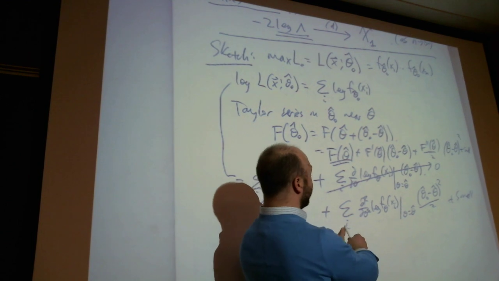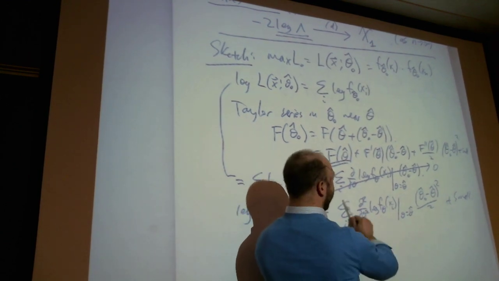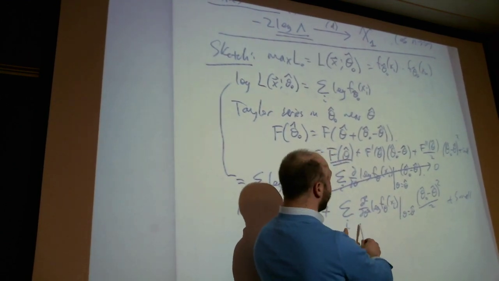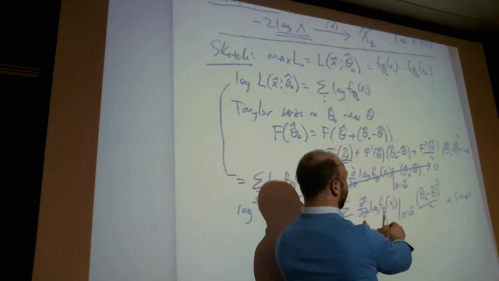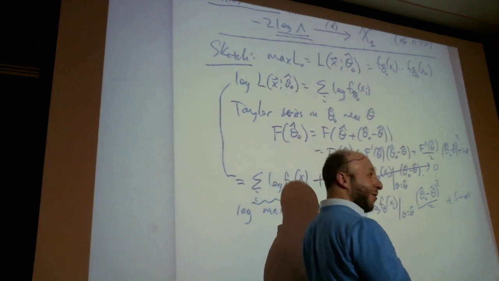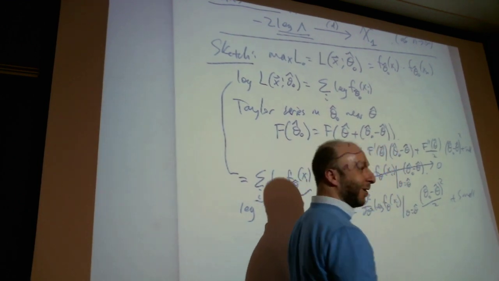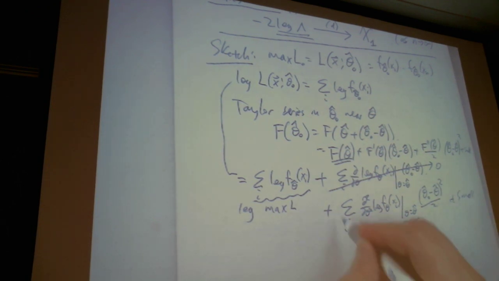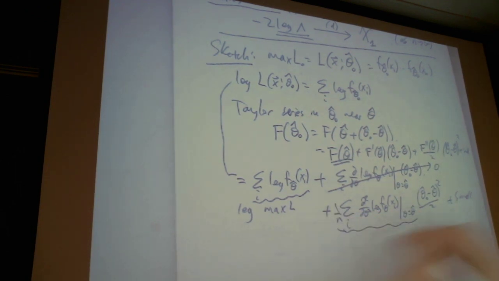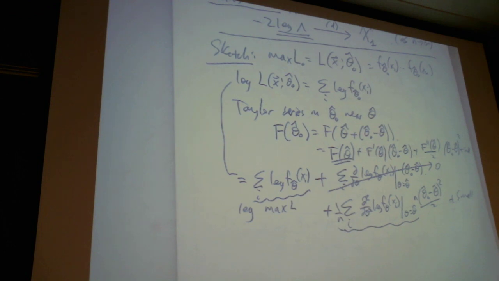Now I'm going to use the law of large numbers. When I average this thing, the average value converges to the expected value of this second order thing, which is literally the Cramer-Rao information, if you recall. Well, I have to divide by n, take the average, and then multiply by n here.